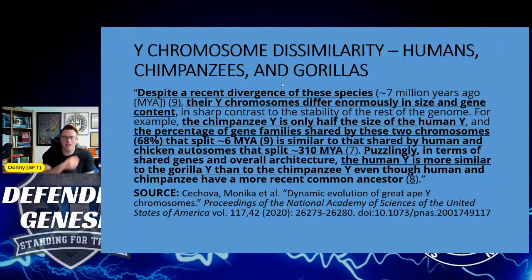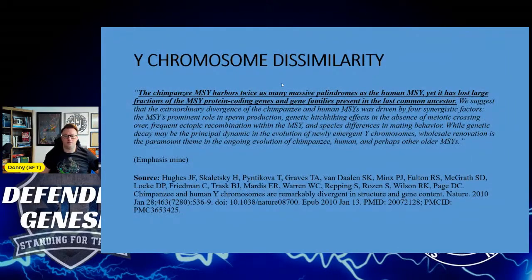Notice this. In terms of shared genes and overall architecture, the human Y is more similar to the gorilla Y than to the chimpanzee Y, even though human and chimpanzee have a more recent common ancestor. The chimpanzee MSY, male-specific Y chromosome, essentially region of the Y chromosome, harbors twice as many massive palindromes as the human MSY.